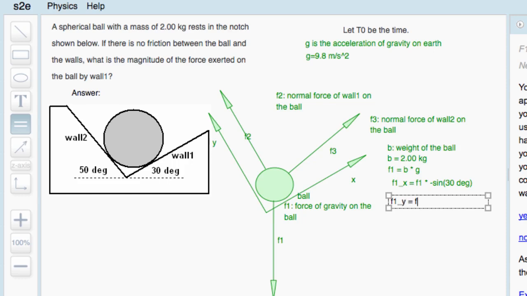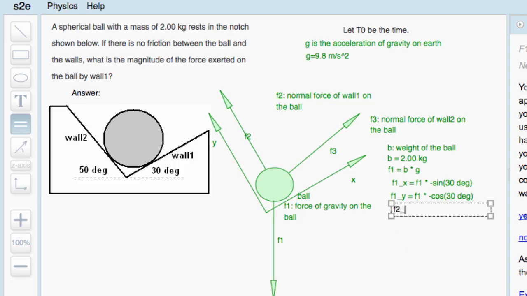F1y equals F1 times negative cosine of 30 degrees. And like I've mentioned before in other tutorials, to get the x and the y component of a force, you just push the underscore and then x or the y. So that's F1. We have that one ready to go.